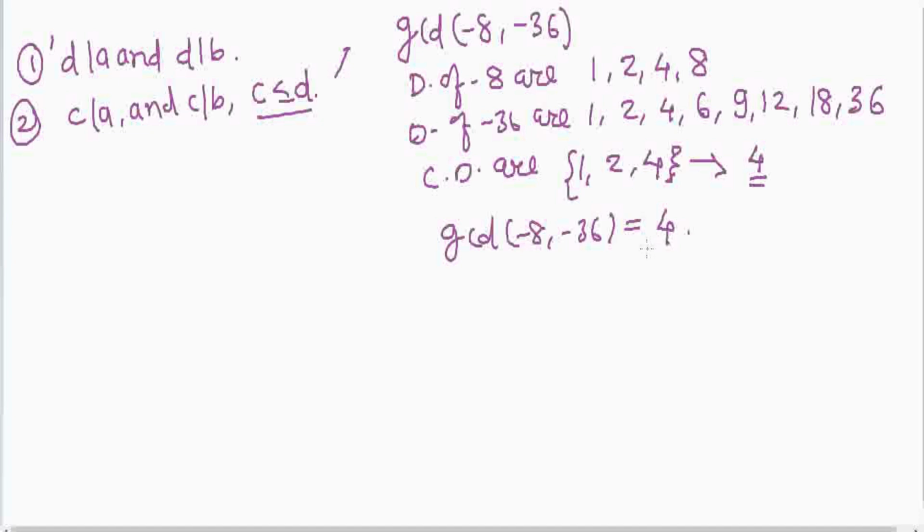The greatest common divisor is 4. So we have taken two examples: GCD of -12 and 30, and GCD of -8 and -36.